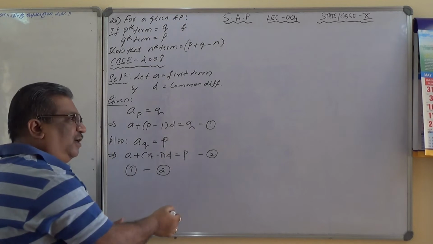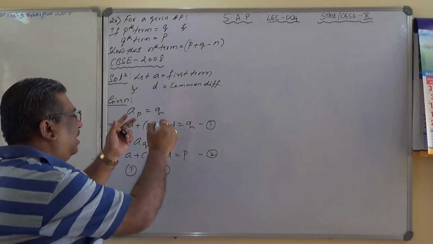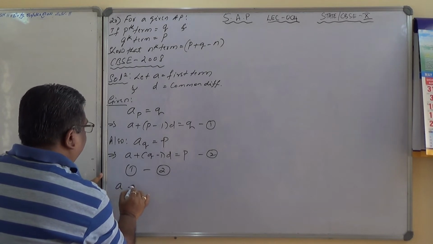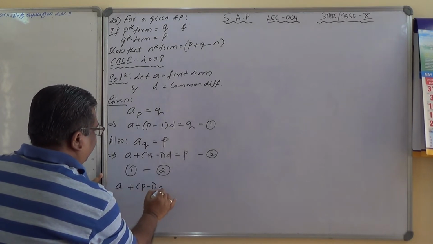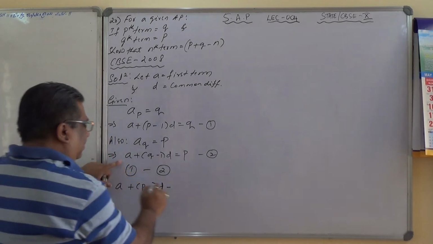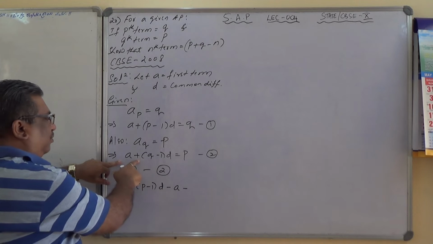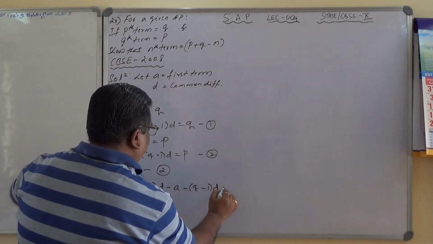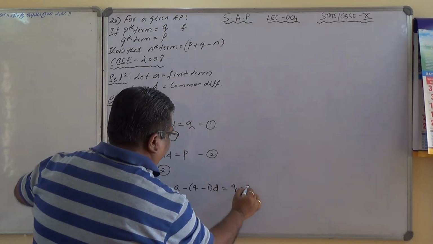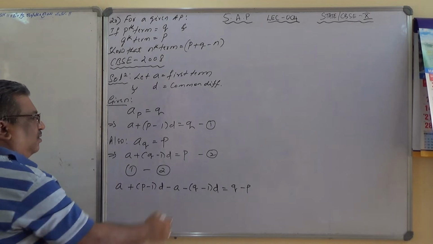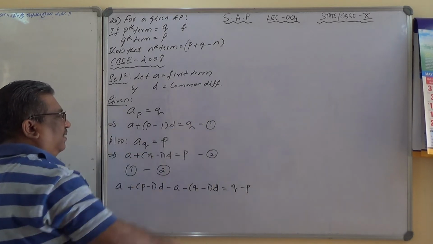So LHS needs to be subtracted separately and equally RHS. So a plus p minus 1 into d minus of a plus q minus 1 into d equals q minus p. 1 minus 2 I am doing, so subtracting 2 from 1, that is what I am doing.